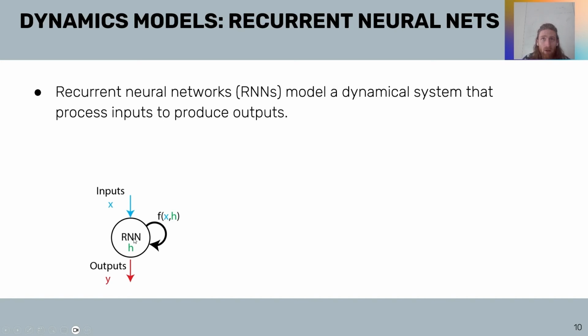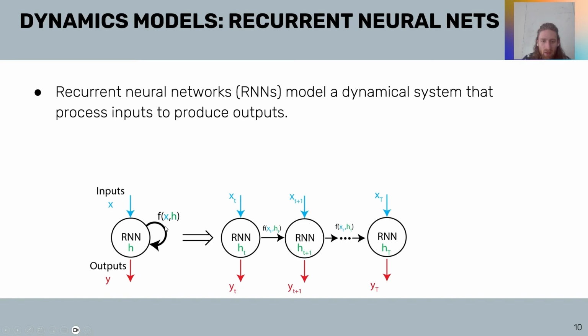The important part of an RNN is this function here, F, that takes in the input and a hidden state, which is just a state inside the RNN itself, and uses them to update the hidden state. You can think of this as an unrolling process, where at time t it gets x of t, you're at h of t, it uses x and h of t to produce h of t plus 1 and gets the next input, and just slides along the process like this.